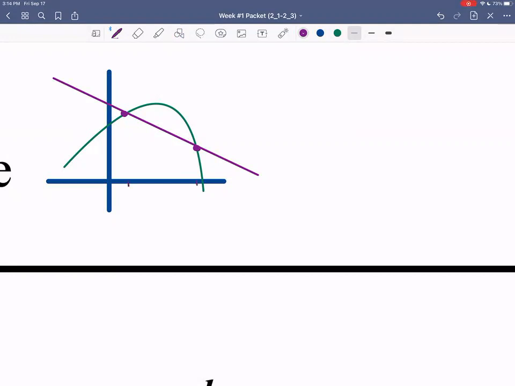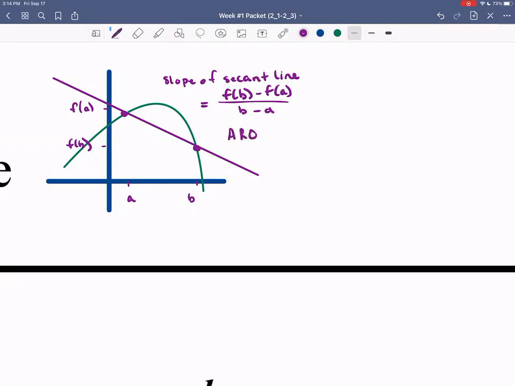So typically we can label our points A and B, our outputs f of A, f of B, and the slope of the secant line between those two points is equal to the difference of our outputs over the difference of our inputs, and that is the average rate of change over the interval from A to B.